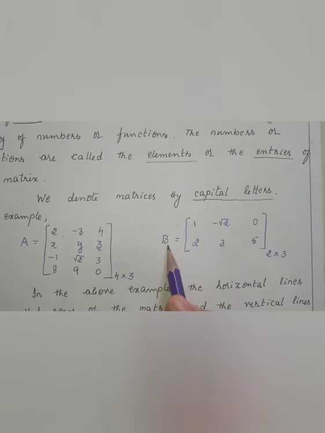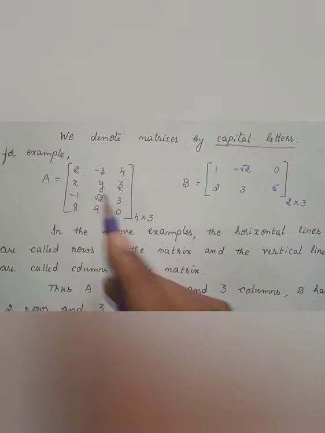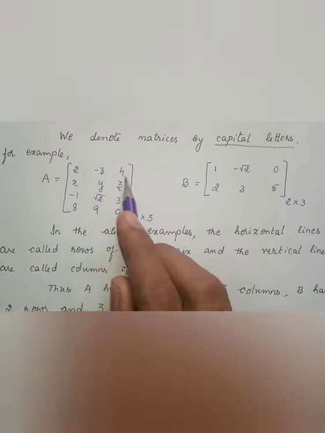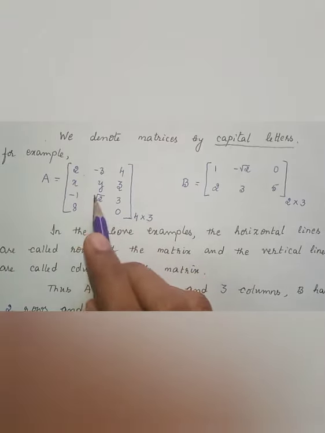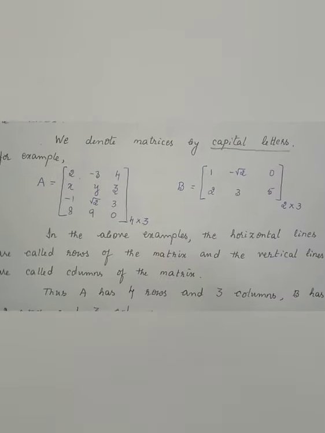And one more example, B is a matrix whose entries are 1, minus root 2, 0, 2, 3, 5. Don't put commas in between these numbers, leave some space. That is the method to write the matrix.